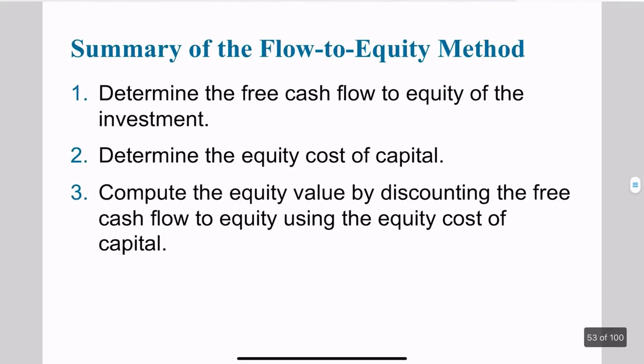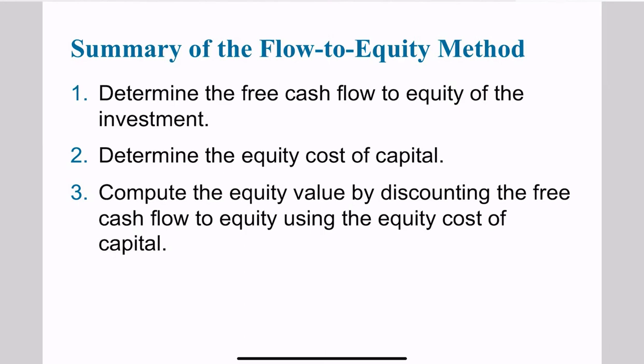Okay, the little summary here. Again, three-step process. First, you will find out the free cash flow to equity. And then you will find out the equity cost of capital. And then you will discount the cash flow, use the equity cost of capital.